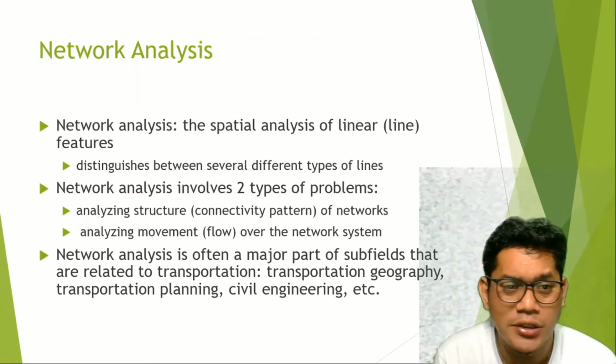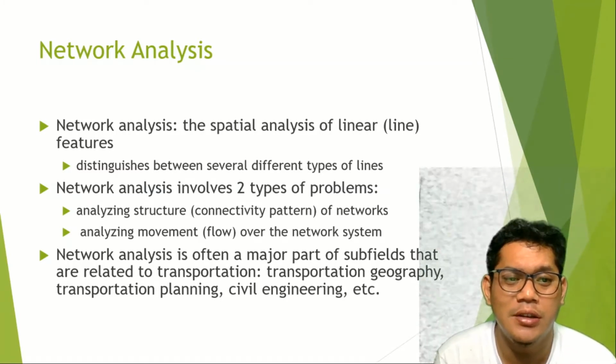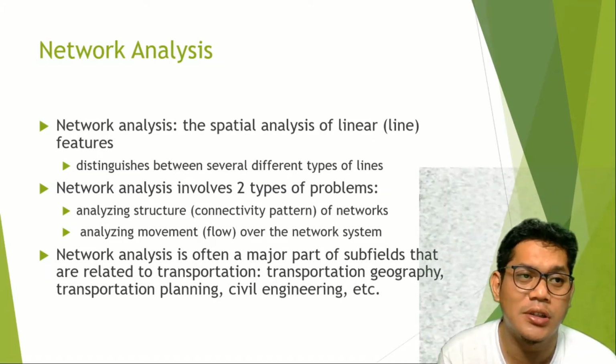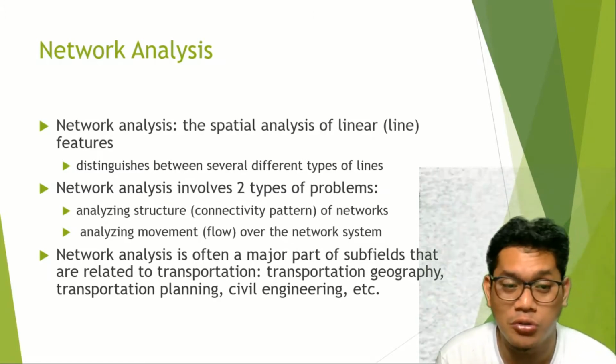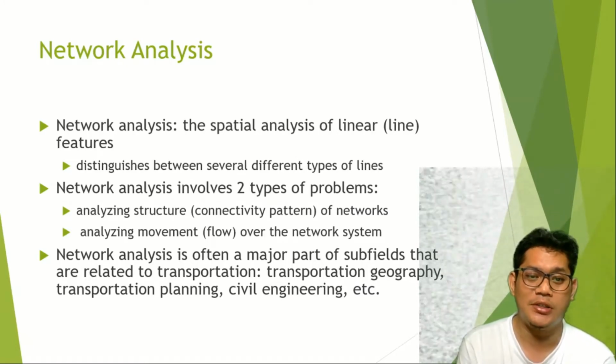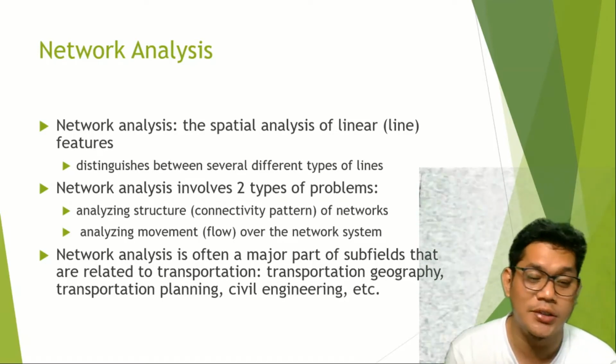Of course, you can do this network analysis here, where you can use these linear features to come up with the network contiguity, as well as the connectivity and relationship between one network and another network, okay, such as analyzing the structures of the connectivity and the movement or flow over the systems.